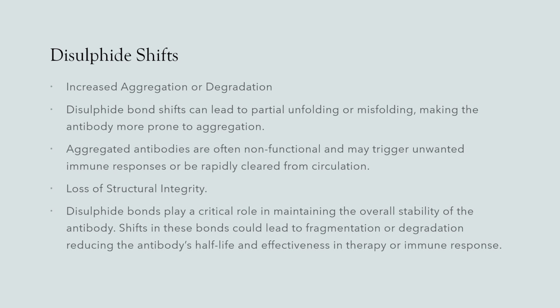All of these things, they do compromise the therapeutic or immune functions of your antibody. So these disulfide bonds, they play a critical role in maintaining the overall stability of your antibody. And as I said, shifts could lead to fragmentation, or it could lead to aggregation or degradation, and it could reduce the half-life and the effectiveness of your therapy.